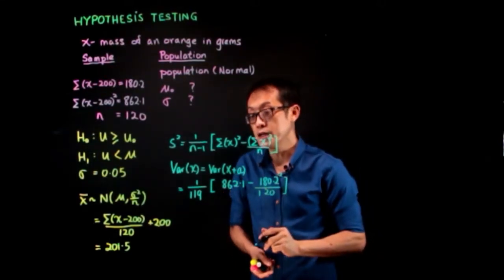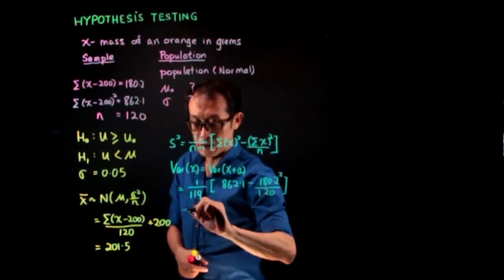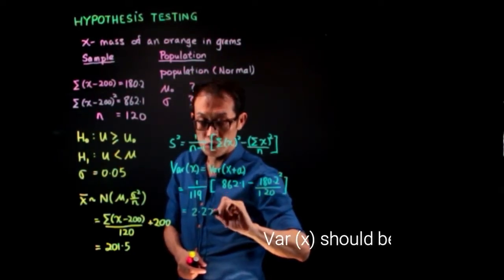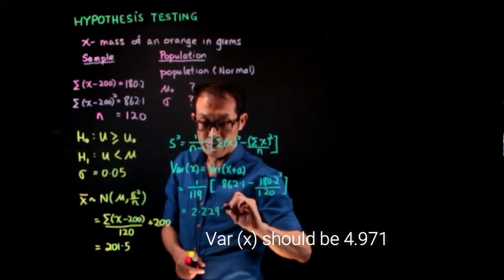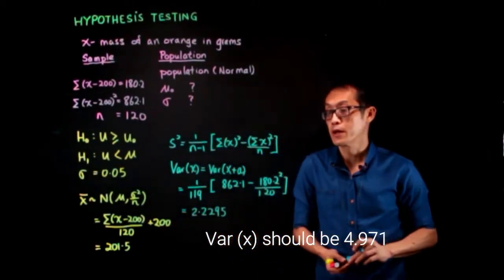Now you can key this into your GC and then you get 2.2295 grams.